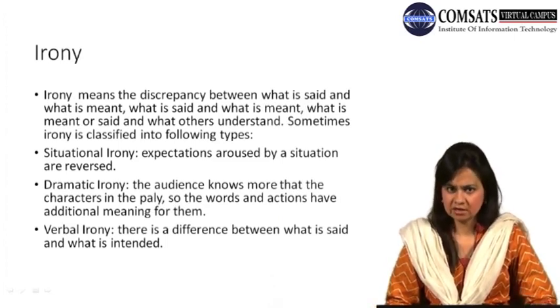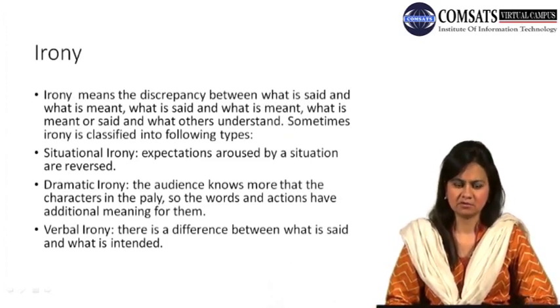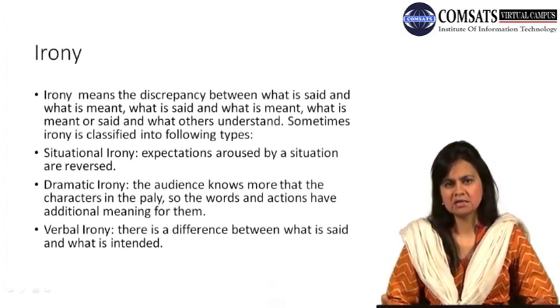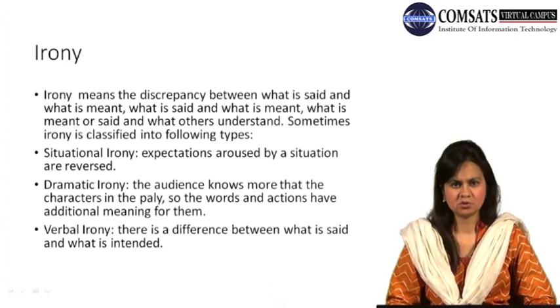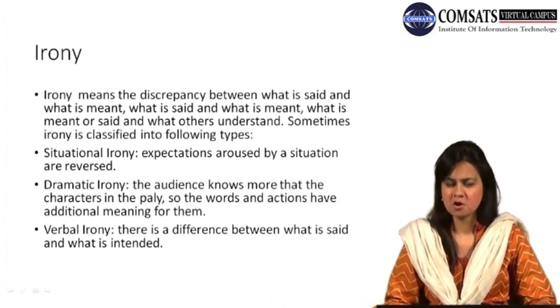Apart from situational irony and dramatic irony, the third type of irony is verbal irony. Verbal irony is when a character says something but means the opposite of it. If the words have ironic connotations, or double meanings, we say that we are making use of verbal irony.